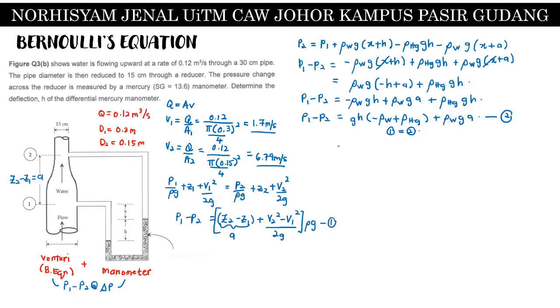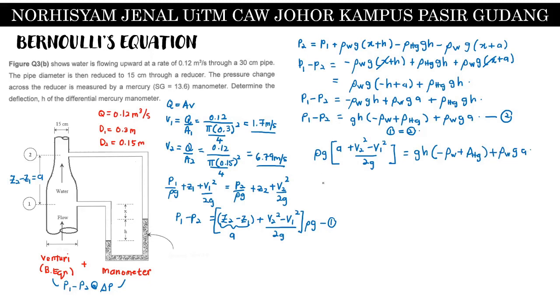So on the left side we have a plus v2 square minus v1 square over 2g times rho g is equal to g h times minus rho W plus rho Hg, plus rho w g a.